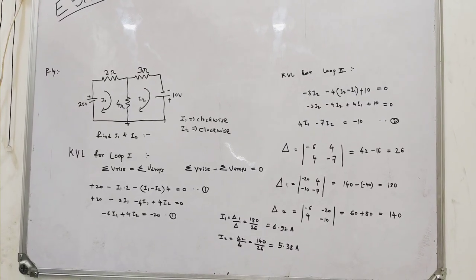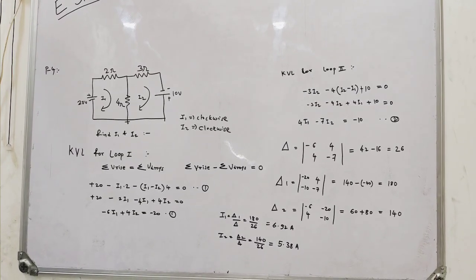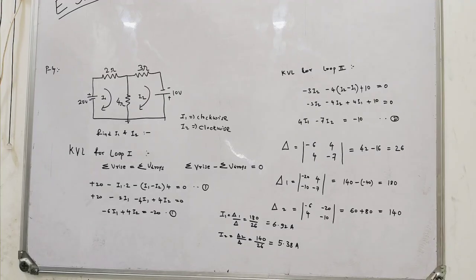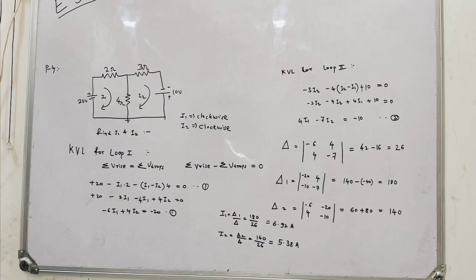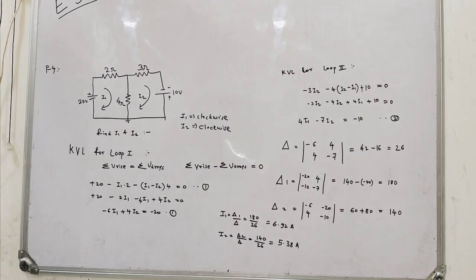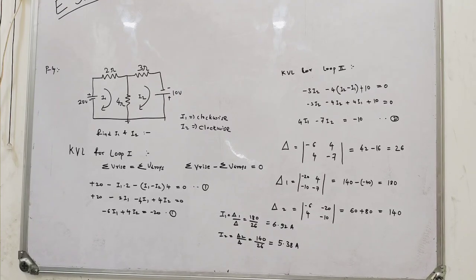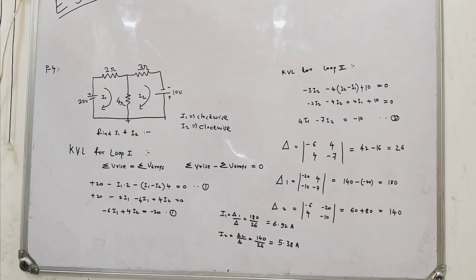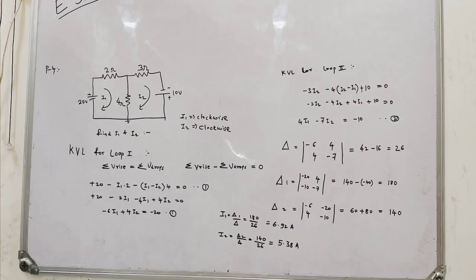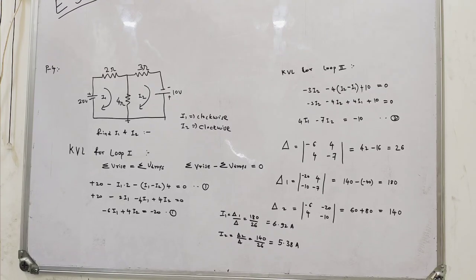Just note it down. This problem is very important, as all the sign notations I have explained here, as well as the assumptions we made here, and we have also gone through the basic KVL formula, as well as the stepwise manner. I explained here how to calculate I1 and I2 with the help of delta 1, delta 2, solving equations 1 and 2.